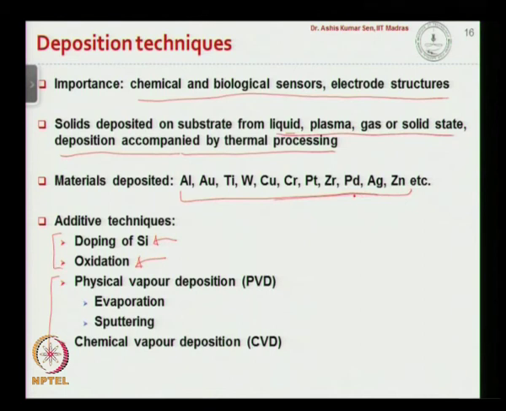We will talk about two important techniques: physical vapor deposition, namely evaporation and sputtering, and chemical vapor deposition. So let us first talk about doping of silicon.